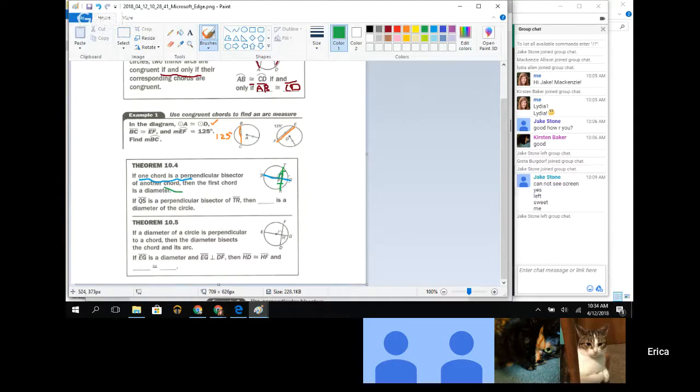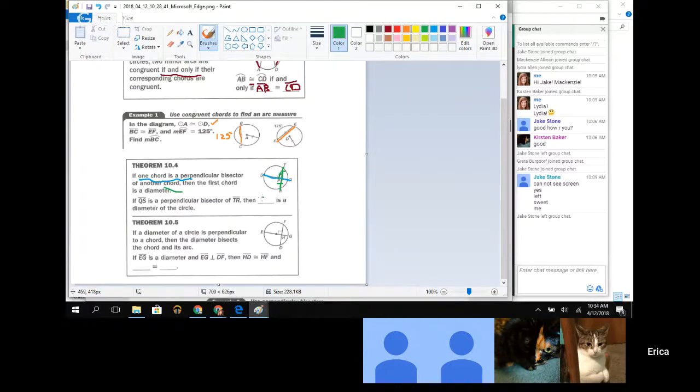So since the blue chord is a perpendicular bisector to the green chord, the blue chord is a diameter. It goes through the center. So if QS is a perpendicular bisector of TR, then QS is the diameter of the circle.